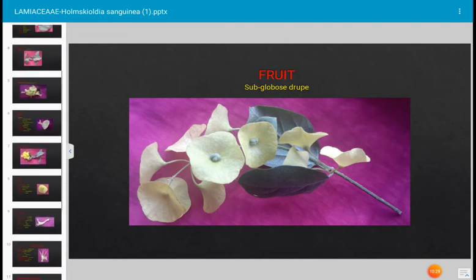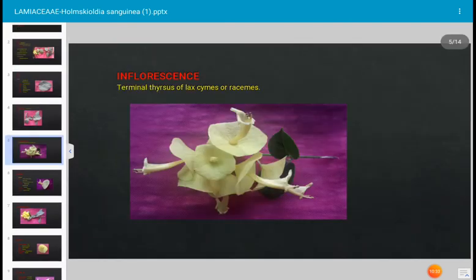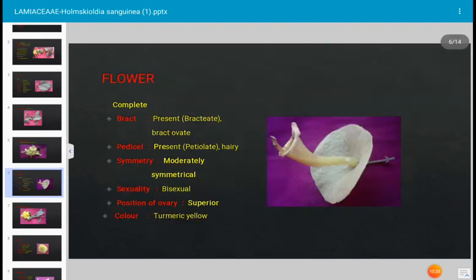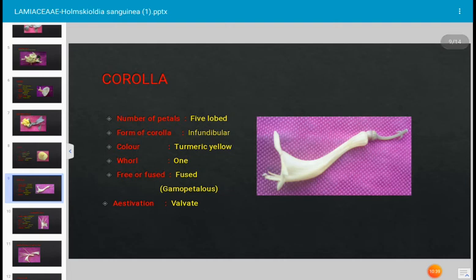And one thing, this is the flower and this is the corolla. What is infundibular form of corolla? It is a funnel shaped corolla. It is a tube which is formed by the fusion of the petals, and this tube like corolla gradually expanding to form a funnel shaped corolla.